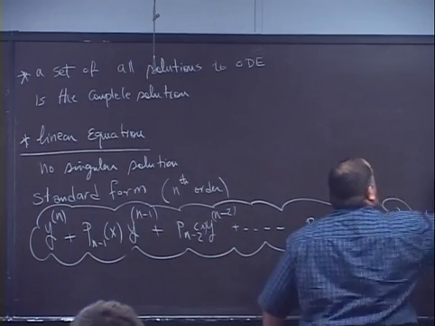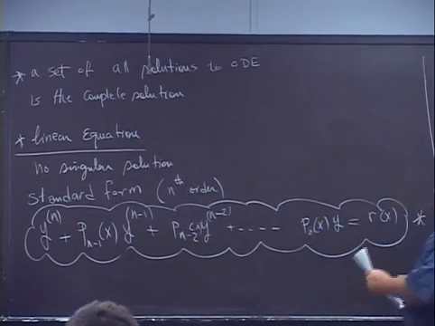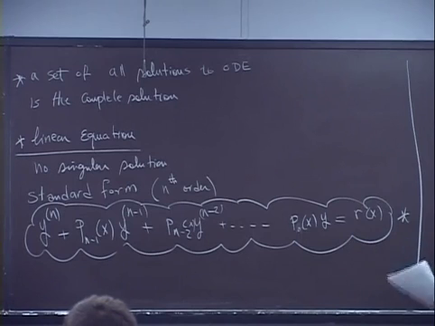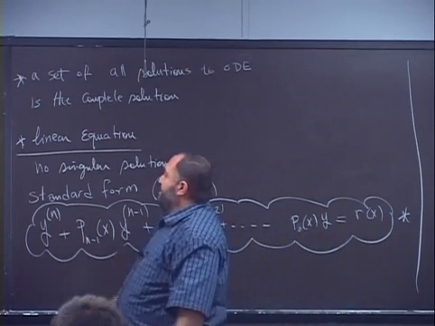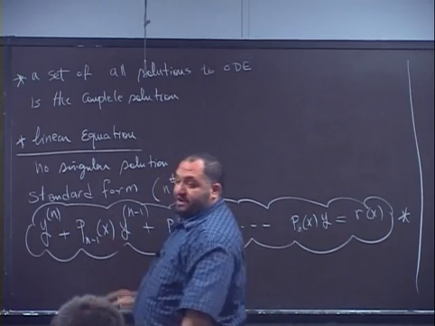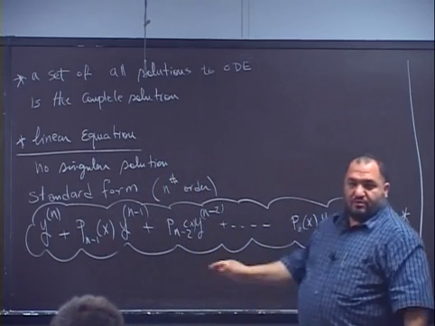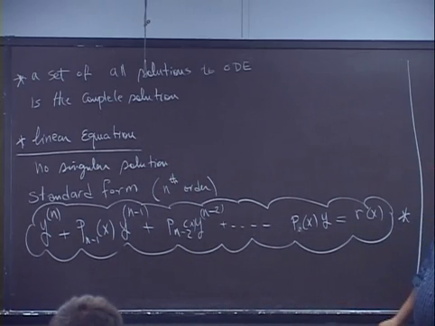Let's call this star. So this is the nth order linear differential equation with variable coefficients. So the coefficients are not constants. They are variables here.